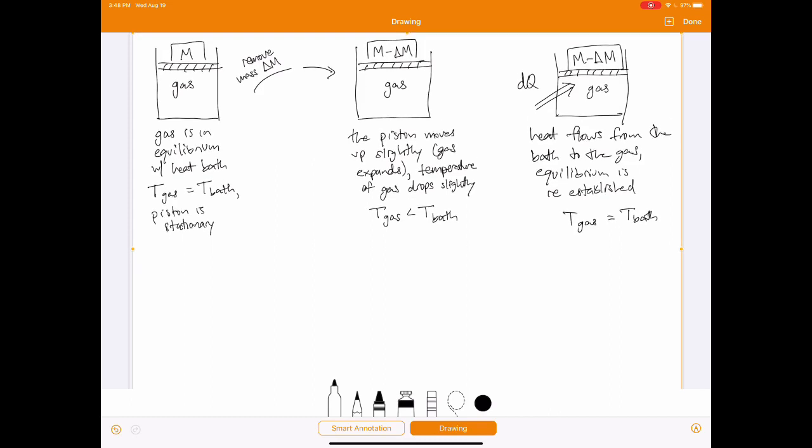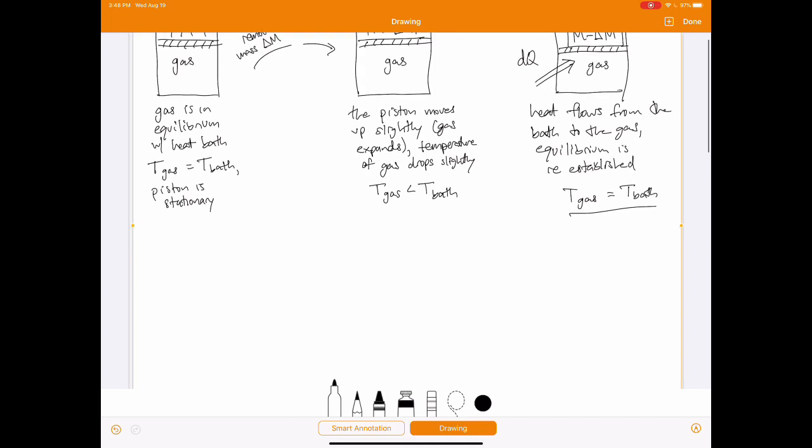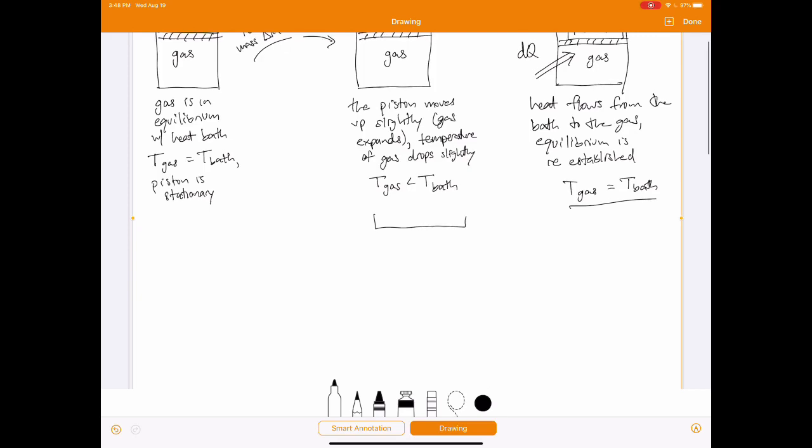If you take the mass off of the piston in little bits, the gas will expand a little bit, some heat will flow into the gas from the heat bath, and then equilibrium will be reestablished. But notice that even in this picture, this is not a true isothermal process because if we look at this stage in the middle, the temperature of the gas slightly went down, so it didn't really stay constant.